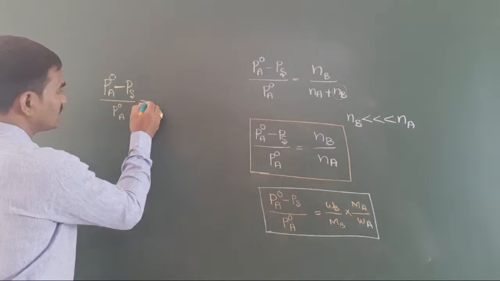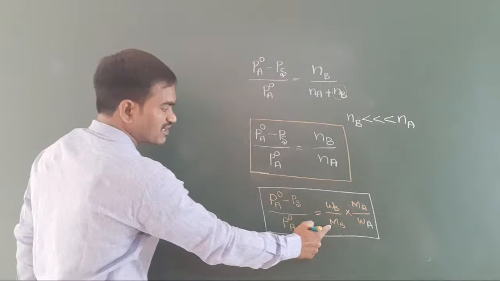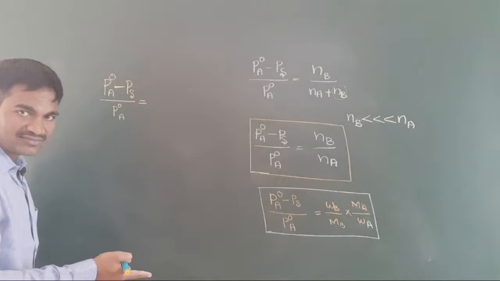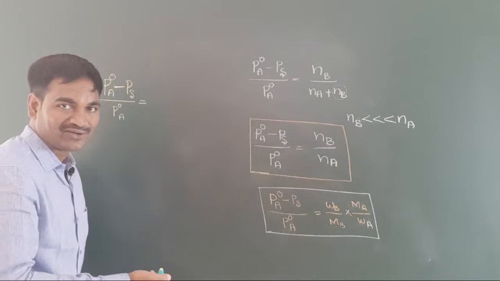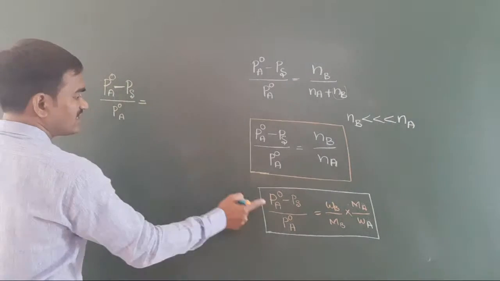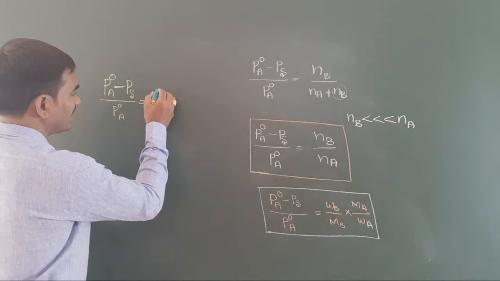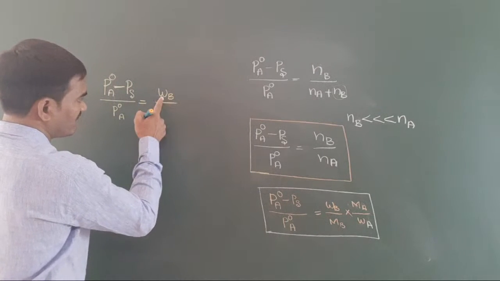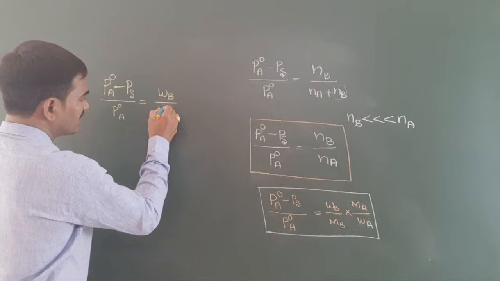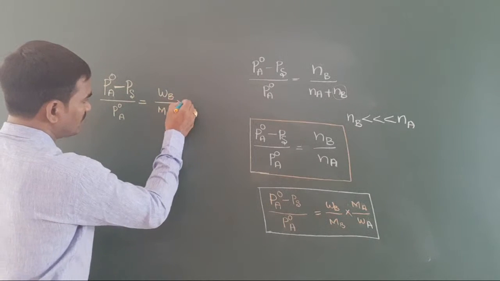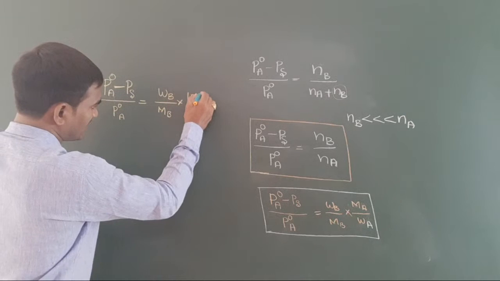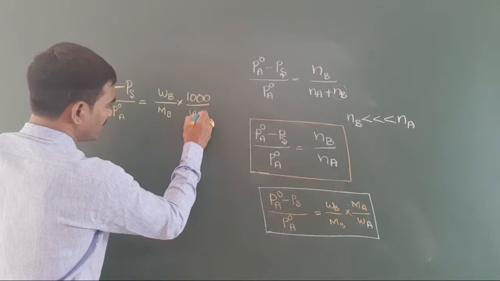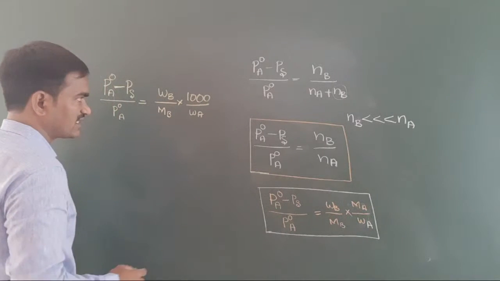Here I am multiplying this expression by 1000 by 1000, which is one only. So this relation I am multiplying with W, the weight of solute, by gram molecular weight of solute, into 1000 by weight of solvent. WA means weight of solvent.